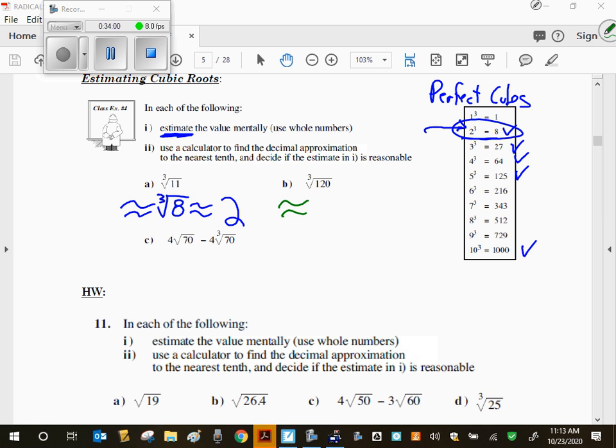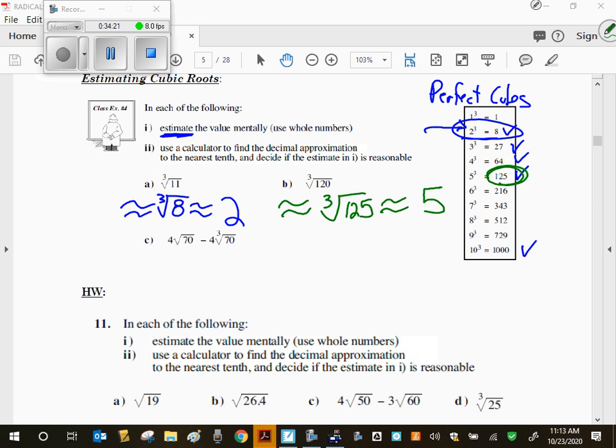Wave equal sign. What's 120 closest to? Good. So cubic root of 125, which is approximately equal to what? Good. 5 times 5 times 5. 5 times 5 is 25. 5 quarters is $1.25.